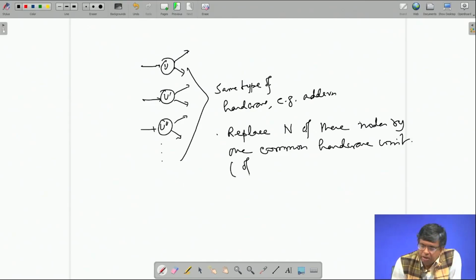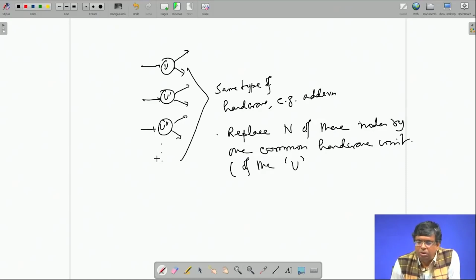Of the U type, U means U category, U prime, U double prime, they are all coming under the same type of hardware. If it is an adder, then the U category will be adder. If it is a multiplier, the U category will be multiplier. They are named in terms of U, U prime, U double prime, U triple prime, dot dot dot. Just various nodes, but they employ the same hardware. I am just identifying them.